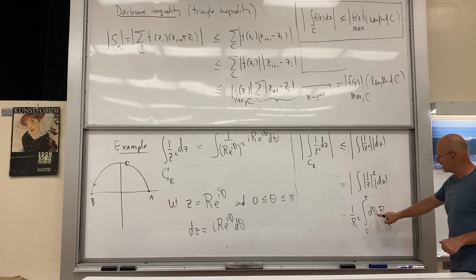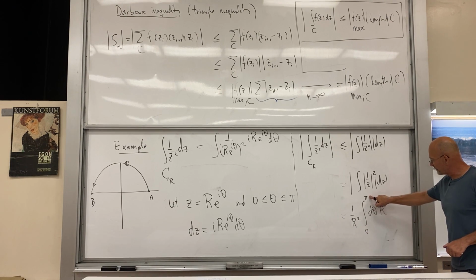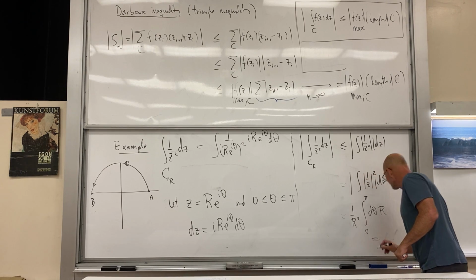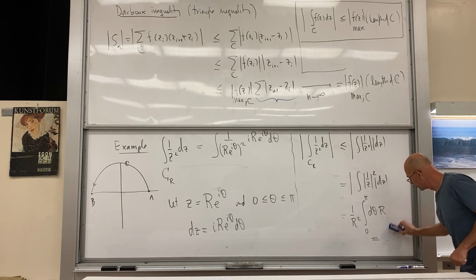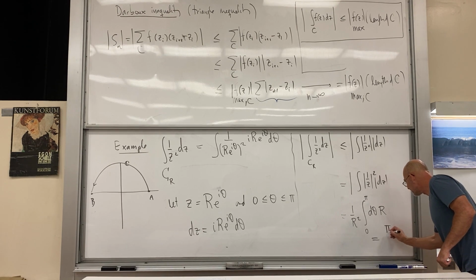So what is this? r over r squared is 1 over r, and then 0 to pi is pi. So we end up with, equals here in the right-hand corner, where it always ends up, we just end up with pi divided by r.